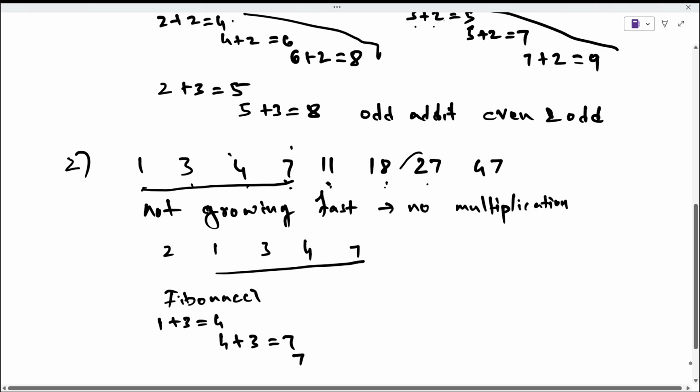This is not 29. So this is the mistake. It should have been 29. Then 29 plus 18 is 47. This is the correct series.